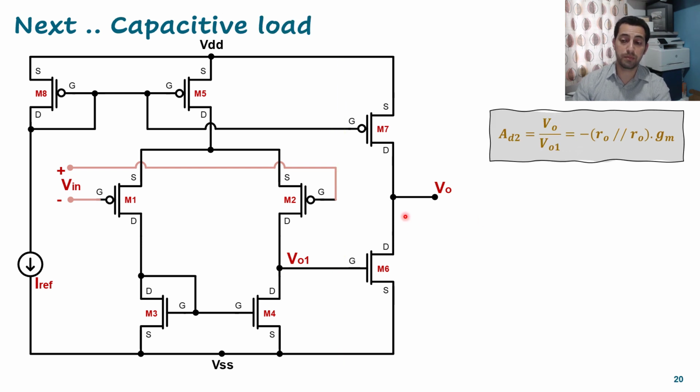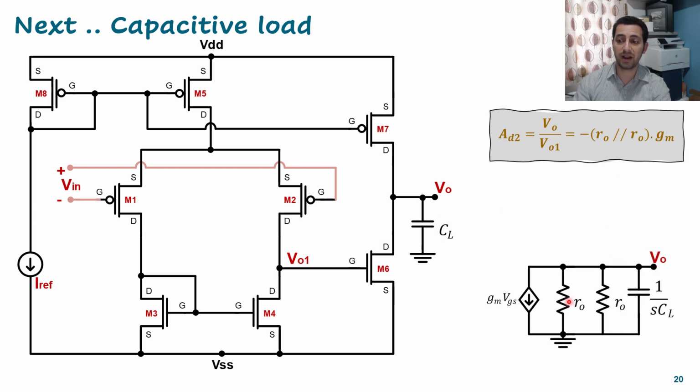But we still have a problem here. If we load the amplifier here by a capacitor, for example, like that, and at high frequencies, we know the capacitor has a reactance. That reactance will be parallel to R out and R out, and that will deteriorate the gain of this amplifier. This means I am under the mercy of the capacitance of the output to determine the gain of my second stage, which is not a desirable thing and it's not a robust design.